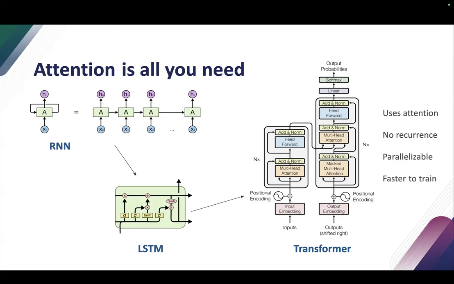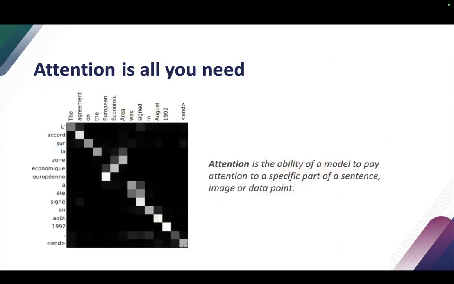So talking about attention, what exactly is it? Let me talk a little bit about this matrix that you see here. This matrix shows where the transformer model is paying attention when it's trying to translate a sentence from English to French.